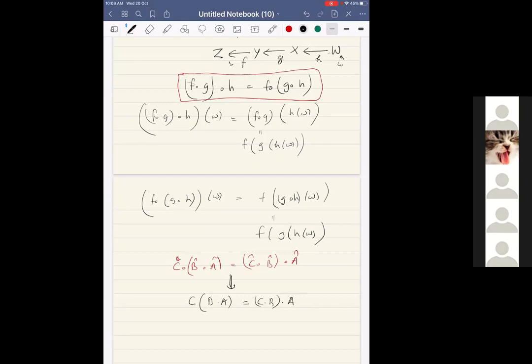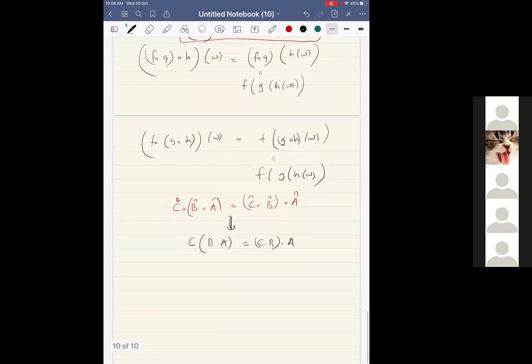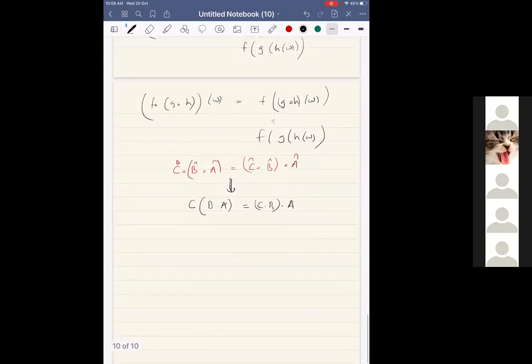And of course, this is something you can check directly because it's an easy fact. But this is just a reflection of the fact that composition of arbitrary maps is associative. Therefore, in particular, composition of linear maps is associative. Linear maps between column vectors correspond to matrices. Therefore, matrix multiplication is associative.